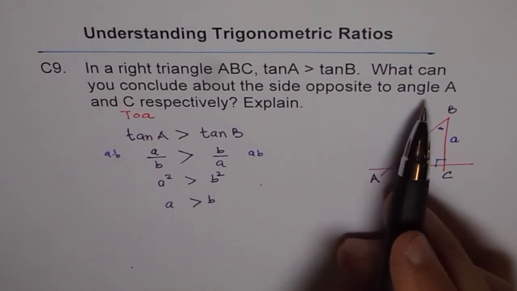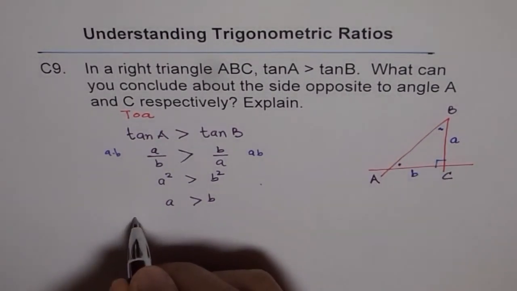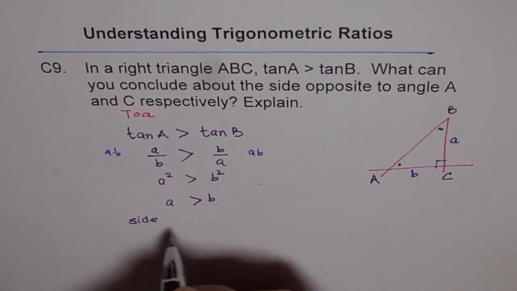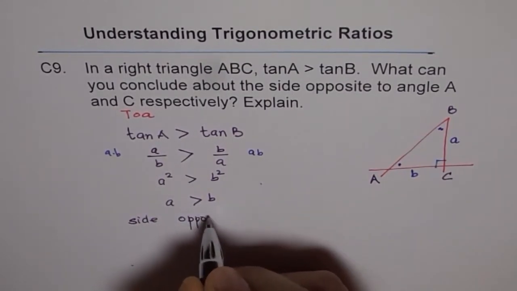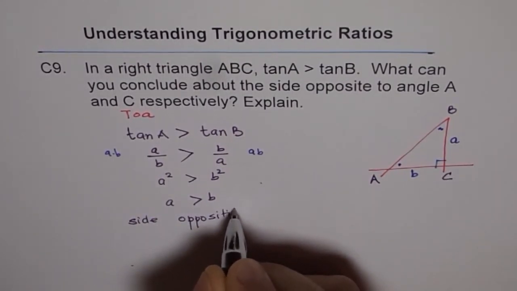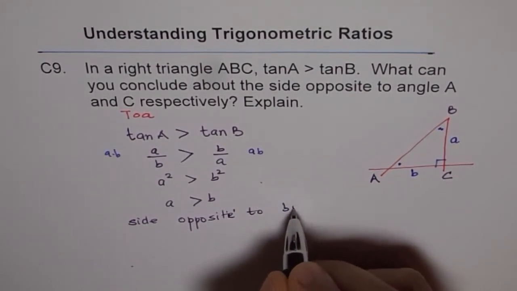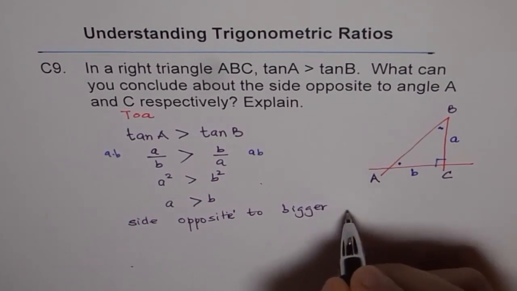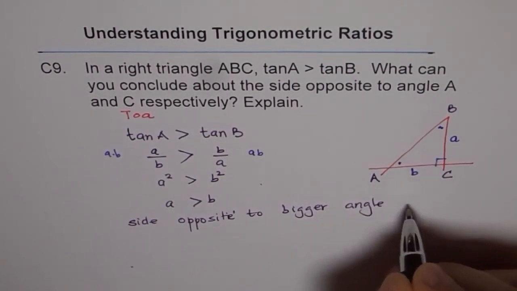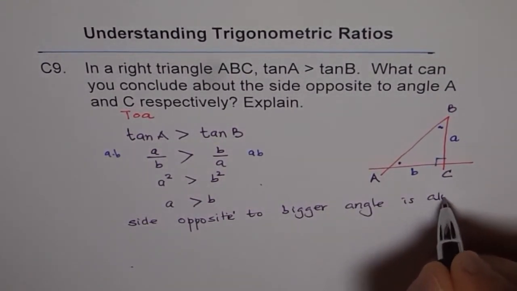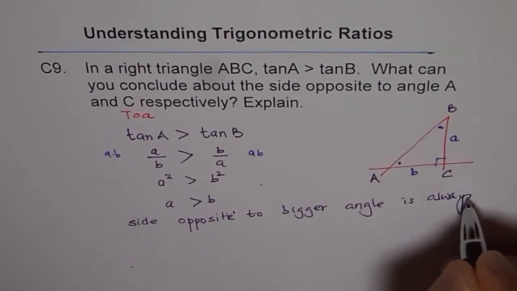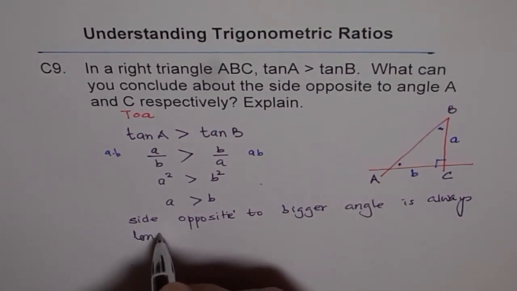So the side opposite to the bigger angle is always longer.